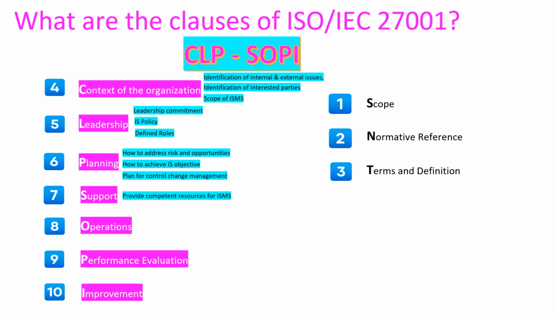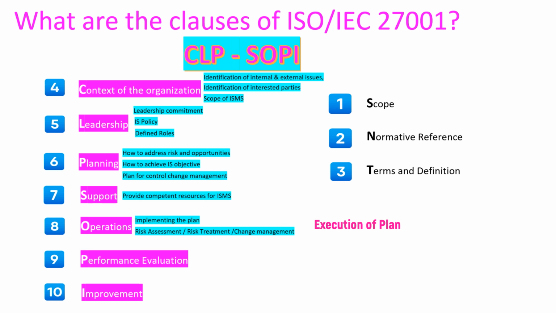Clause number 7 is about support. It requires that the organization needs to provide appropriate resources, knowledge and awareness necessary to operate the ISMS effectively. Clause number 8 is about operations.